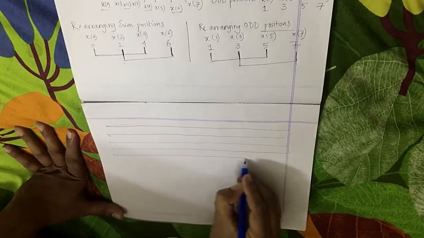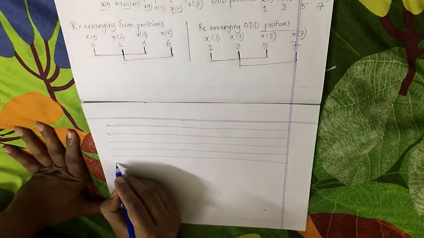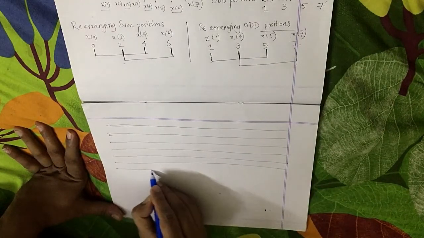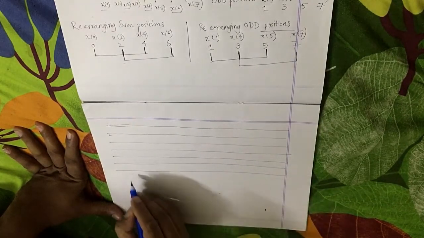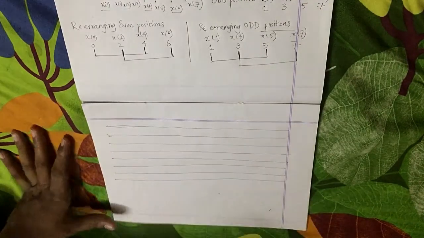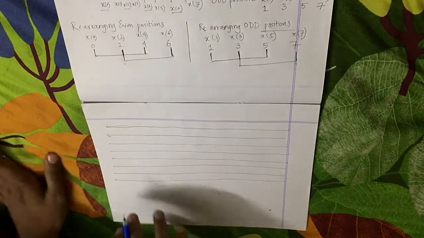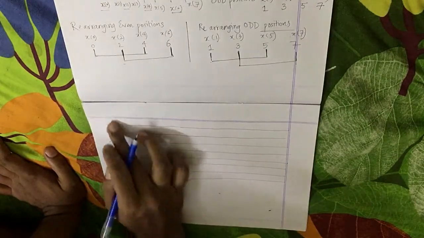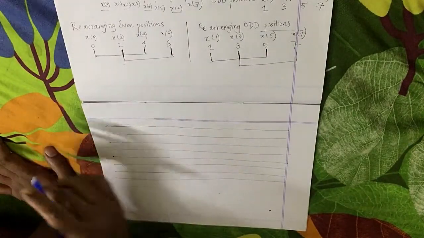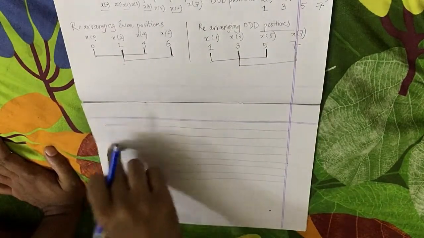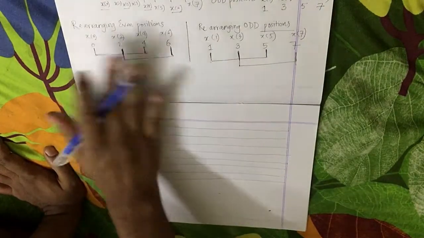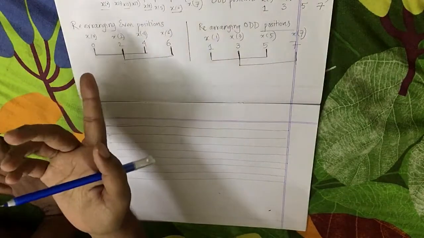Line number 5, line number 6, line number 7, and we have finally line number 8. Okay, so now in the top left corner or the leftmost positions, these vacant spaces should be filled up with these values. So that's why we have rearranged those values.